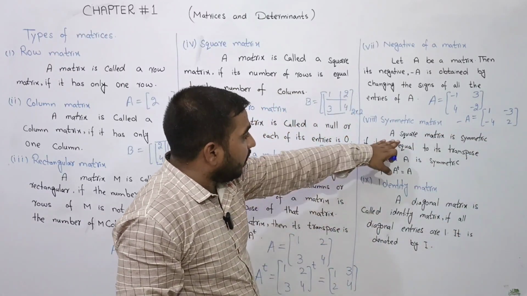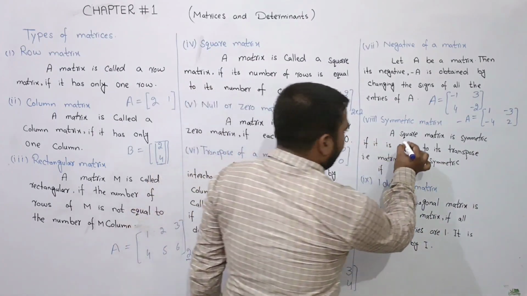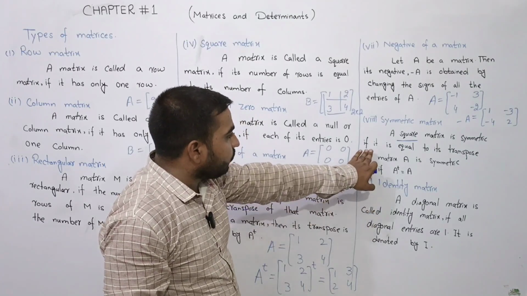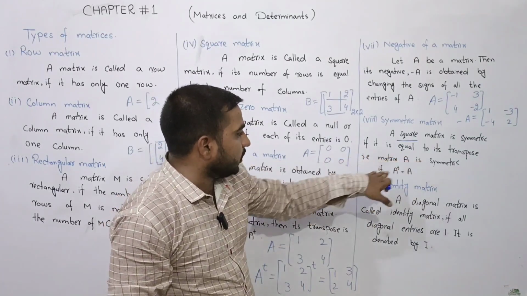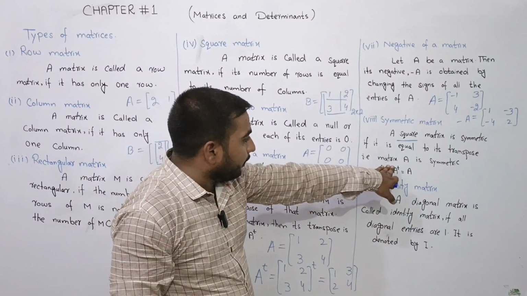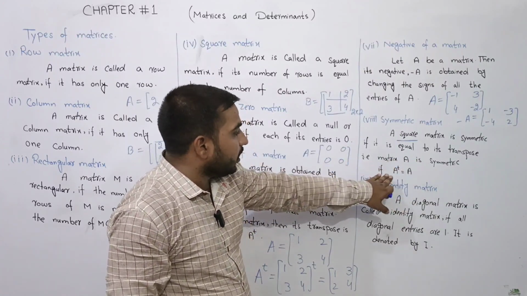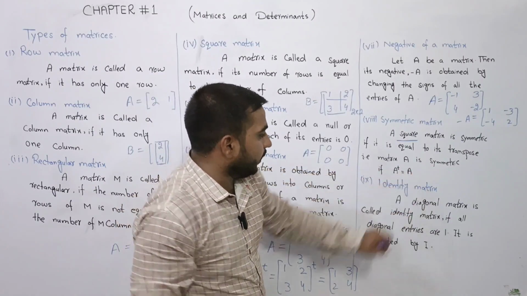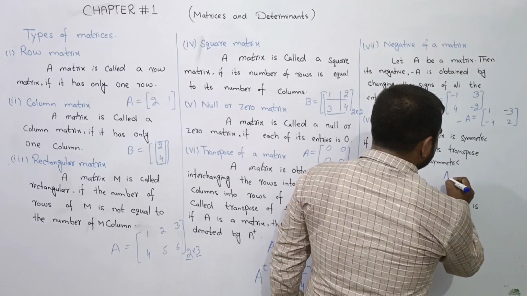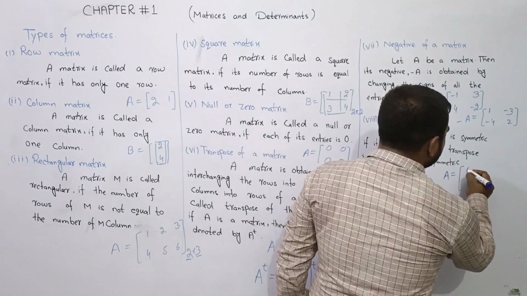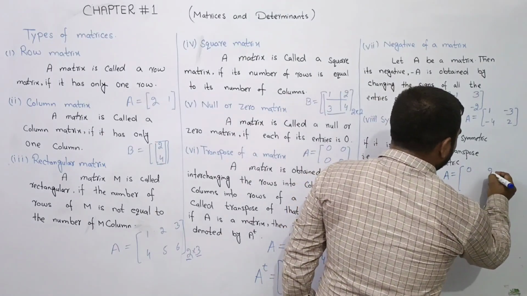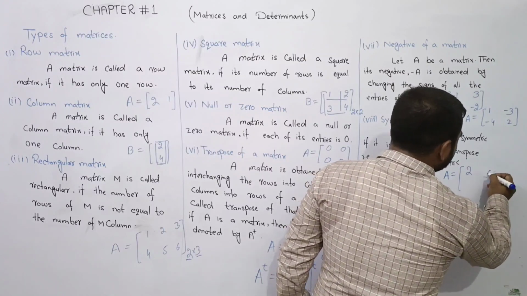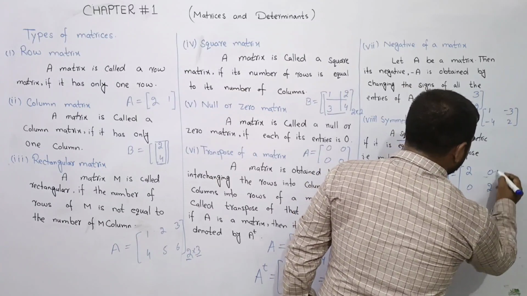Symmetric matrix. A square matrix is symmetric if it is equal to its transpose, that is, a matrix A is symmetric if its transpose is equal to A. For example, A is equal to 0, 2, 2, 0 and 0, 2.